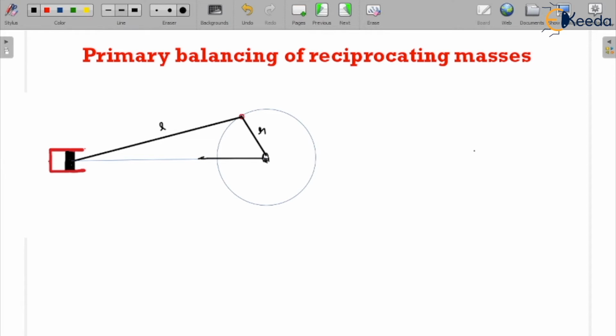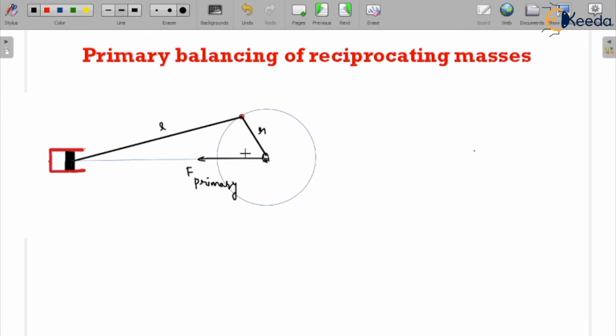This would be the F primary. Why is this in that direction? Because the only reciprocating part is the piston, so this would be along the line of stroke. This is the F primary, that is the primary unbalanced force.